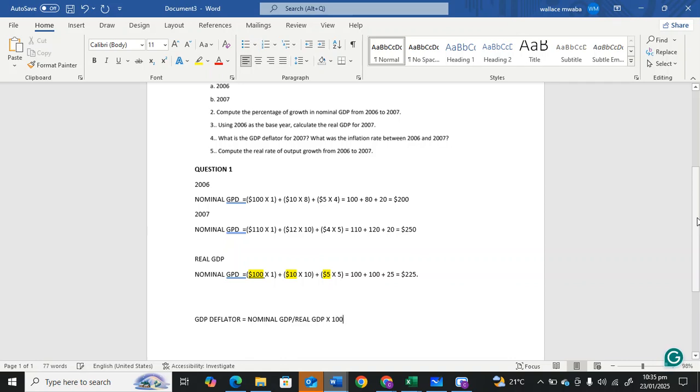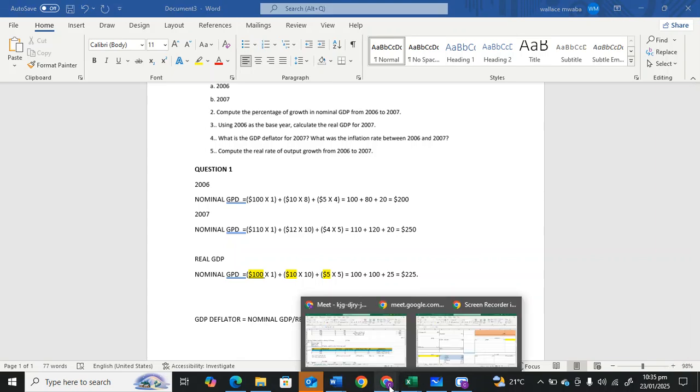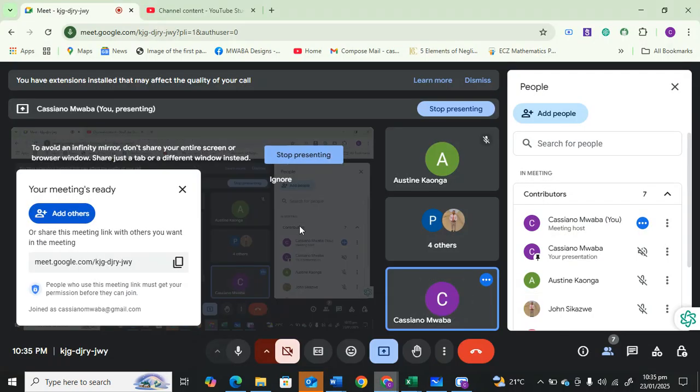Now this 100 is not a percentage, okay? Here we're using index numbers. But with these index numbers, you can calculate percent change. Okay, colleagues? That 100 there is not a percentage. It's for index numbers, and index numbers can be used to calculate percent change.